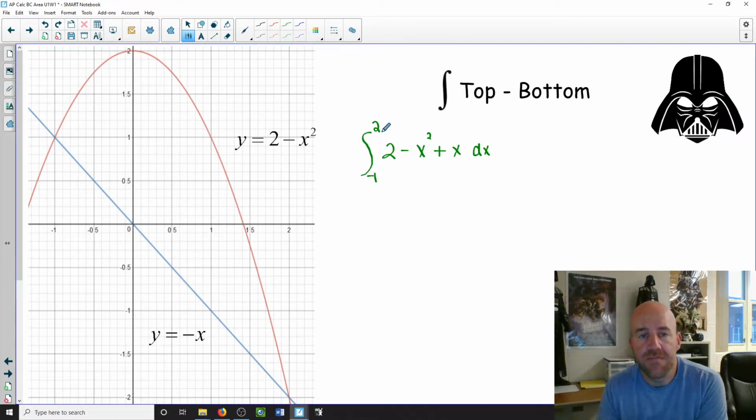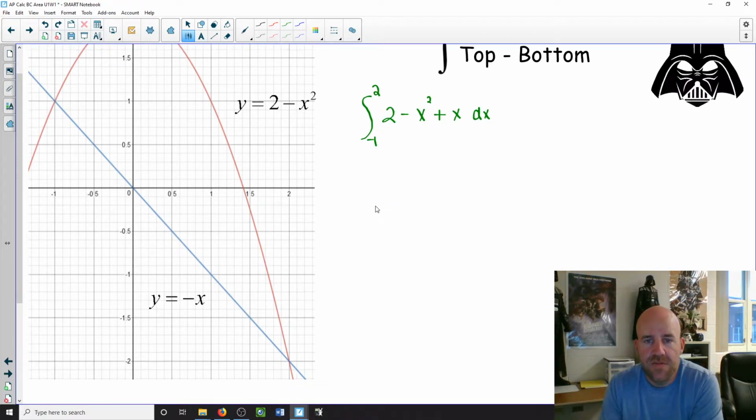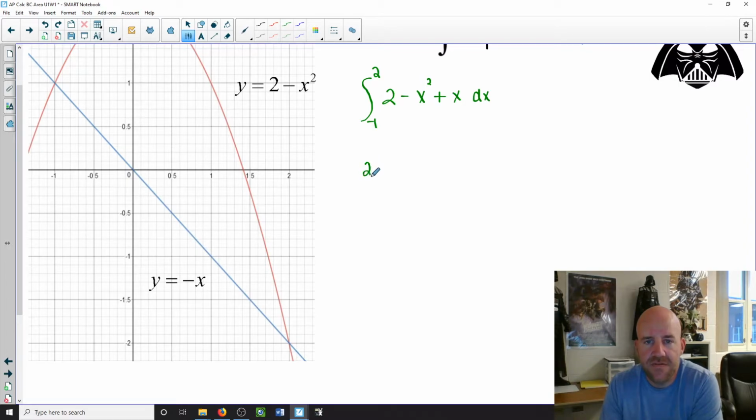Now we can integrate. We could easily just throw this in the calculator and find the integral that way, or we could do it by hand. My suggestion throughout the course of the year is to do some in the calculator and some by hand, just so you are keeping up on your integration skills. So now we look at the antiderivative of 2, that would be 2x.